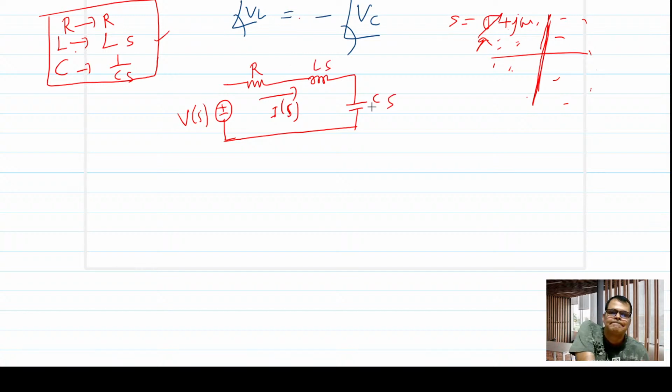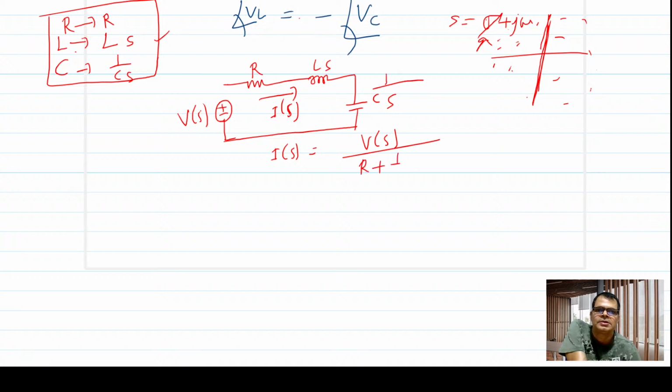Right, R plus 1 upon Cs plus Ls. So Is, that is current, is Vs upon R plus 1 upon Cs plus Ls. So what will you do here?